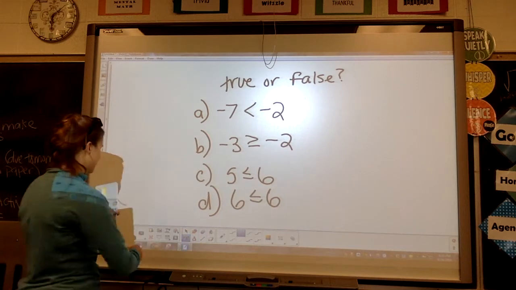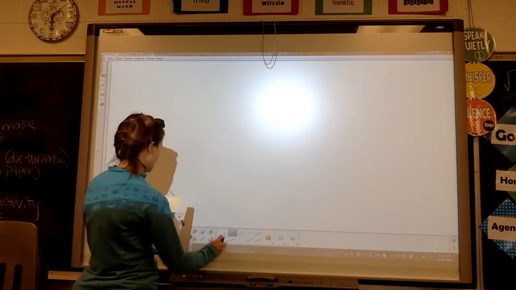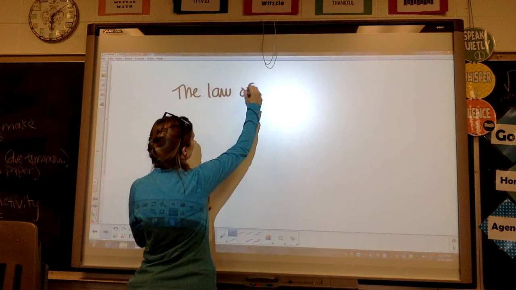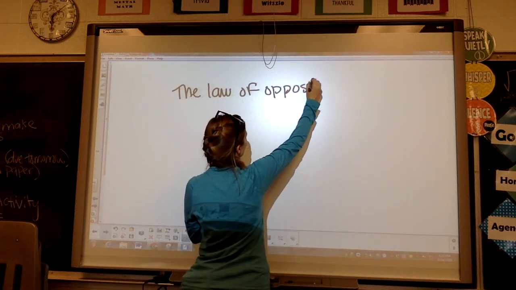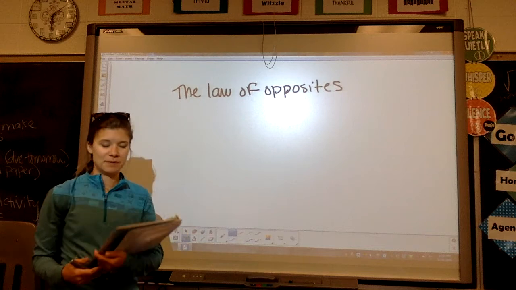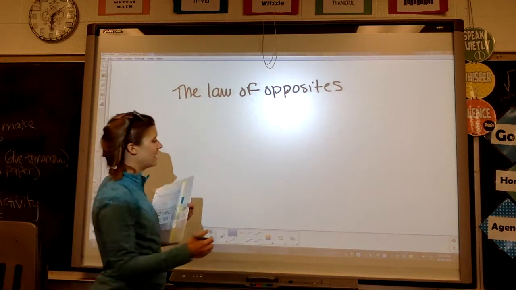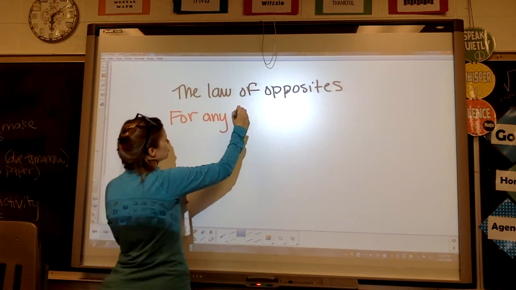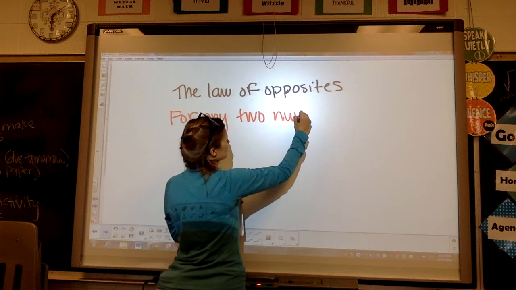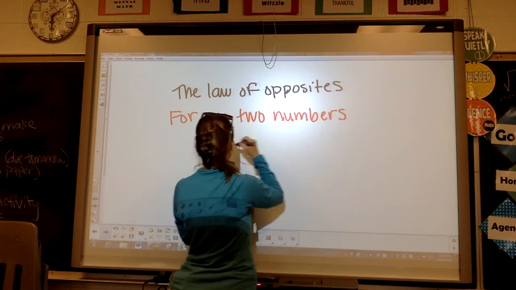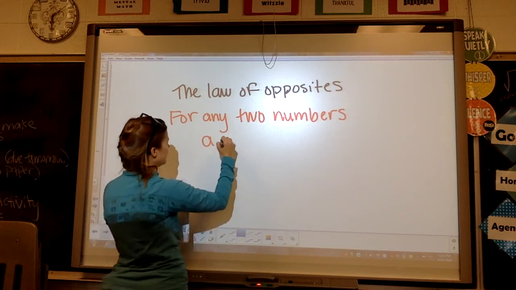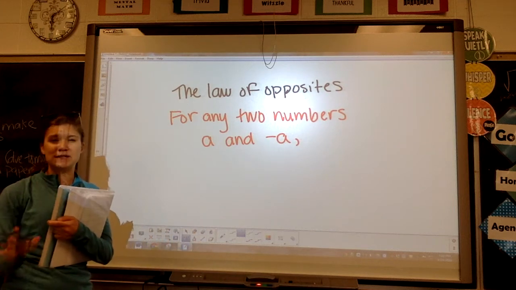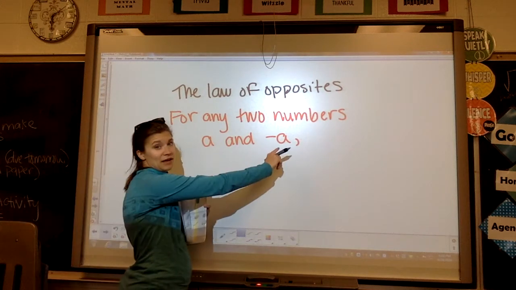Alright, we have a couple other things to talk about still. So the next thing we're going to talk about is called the law of opposites. What the law of opposites says is that for any two numbers, A and negative A, so we're talking about any two numbers, basically the positive version of a number and the negative version of a number.